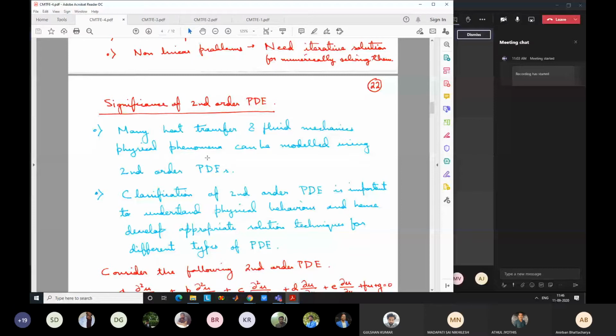These physical phenomena can be closely approximated by using some type of second order PDEs. When we say model, it means that we can closely approximate this by a second order PDE.